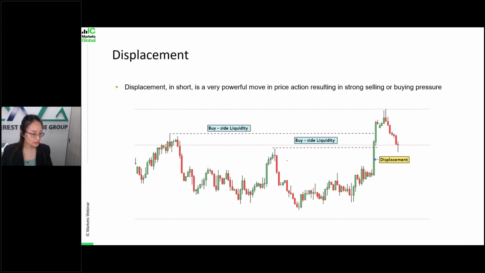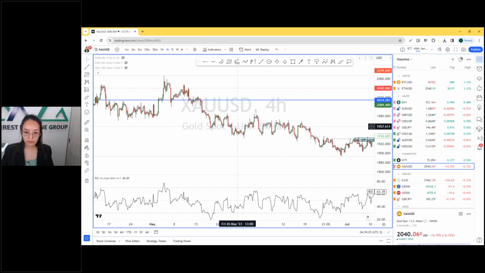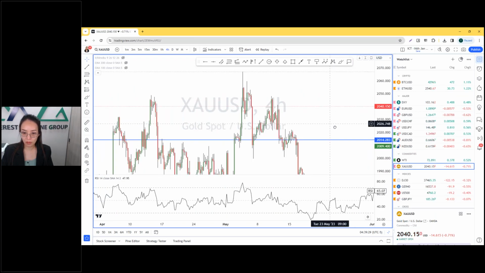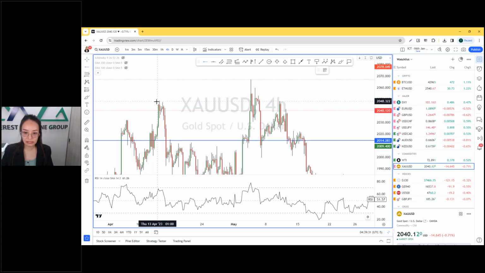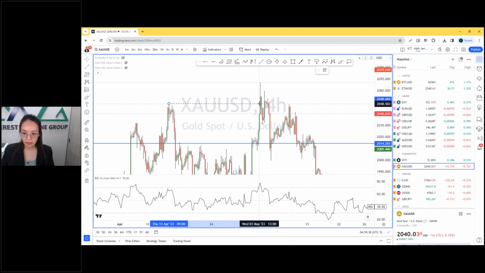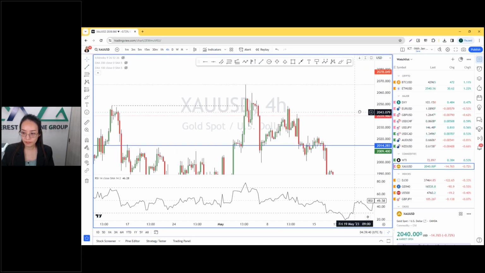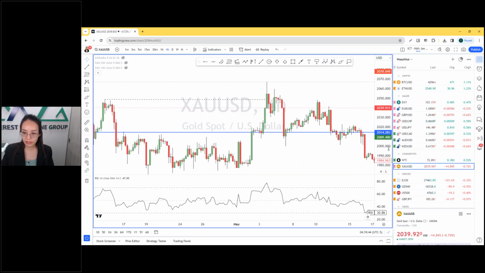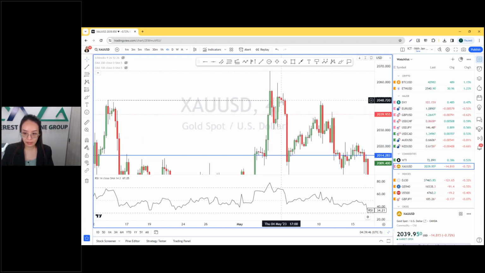So basically in TradingView it looks like that. For example, talking about gold, you know that this is your resistance or key resistance level, right? This is the one, this level. Here, you can see this is a really big bullish candle, a big one.